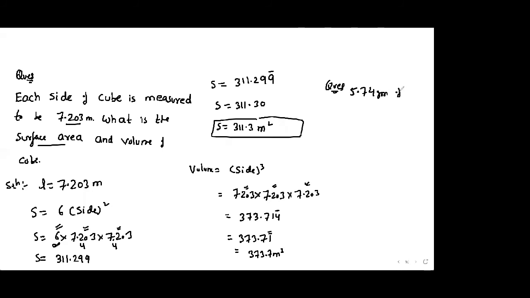5.74 gram of substance occupies 1.2 centimeter cube. So this is mass and this is volume. Express its density.